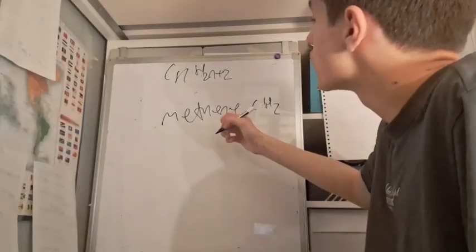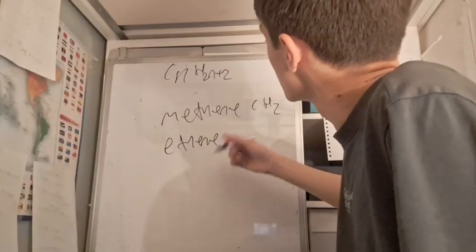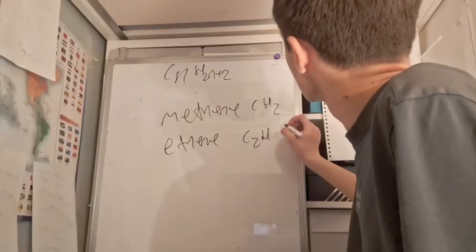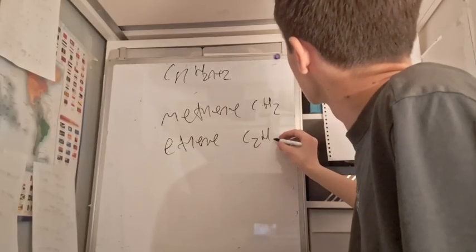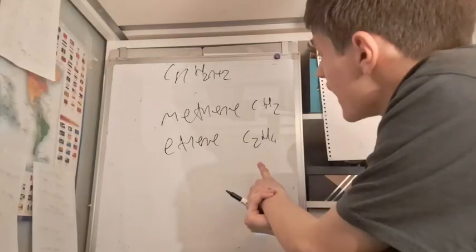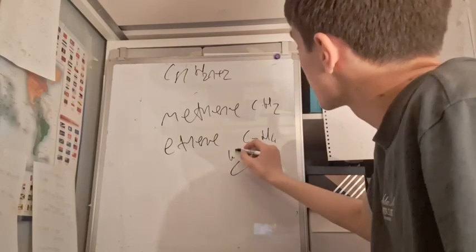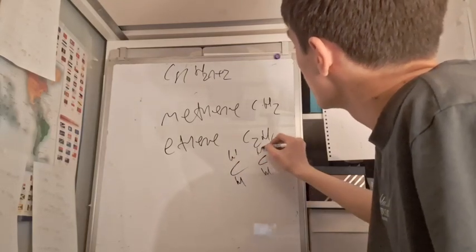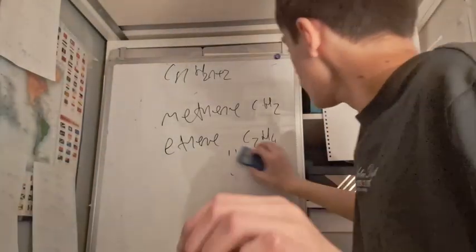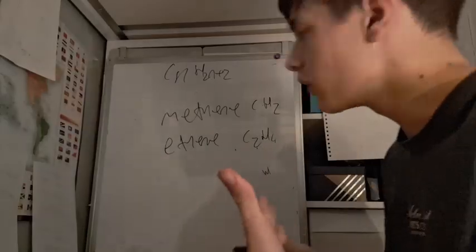Ethane becomes ethene, so it's C2H4. But the thing is with this as well, because there are missing hydrogens, there can be a double bond formed here, but that's something slightly different.